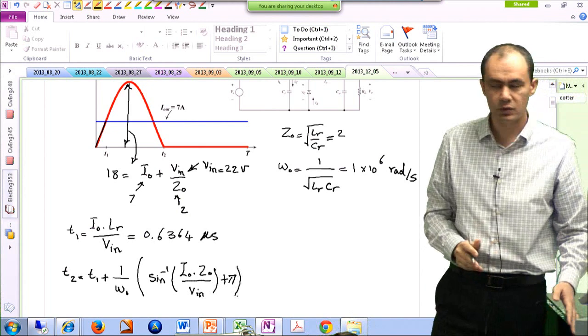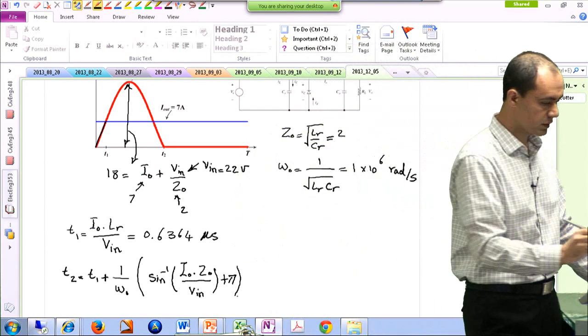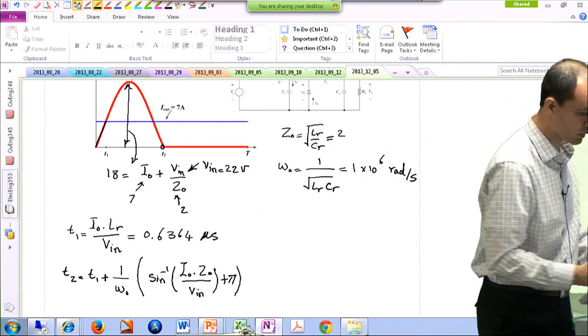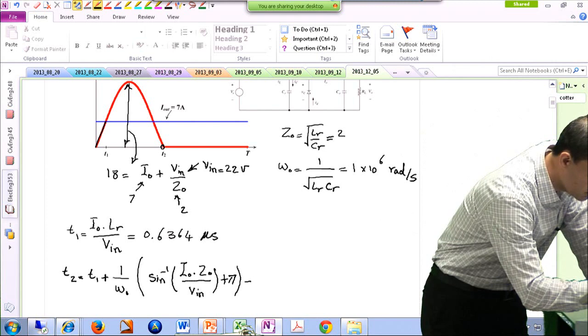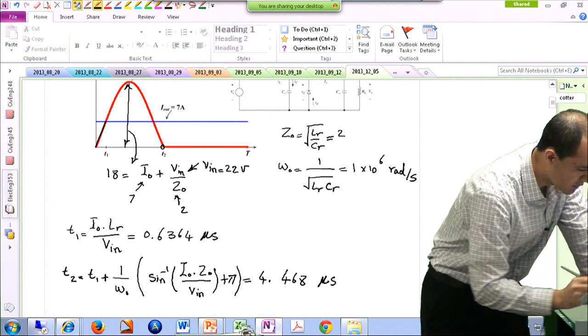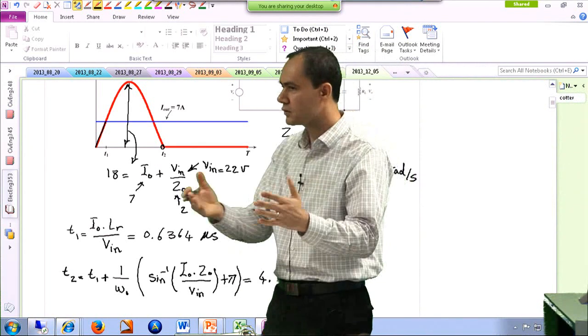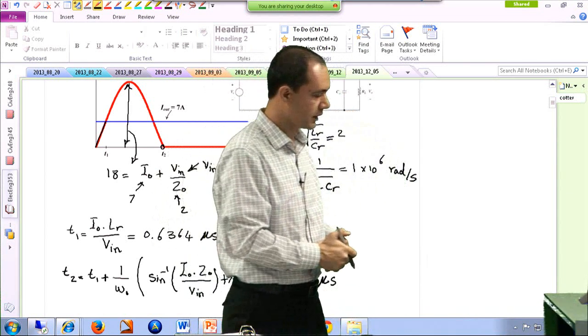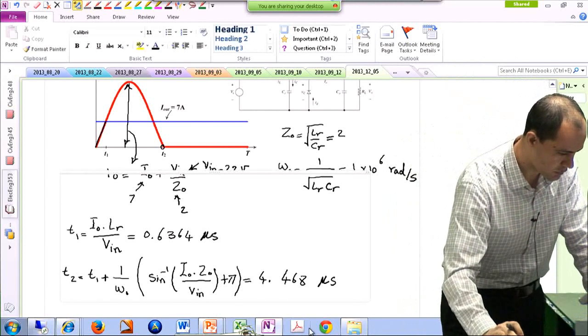Technically T2 is when the resonance is over, meaning that the current of the resonating inductor returns back to 0. And this turns out to be 4.468 microseconds. A lot of you guys made mistakes. The equation was correct, but the number that you put in front of that was not correct. I don't know what happened, maybe the calculator had some flaws.